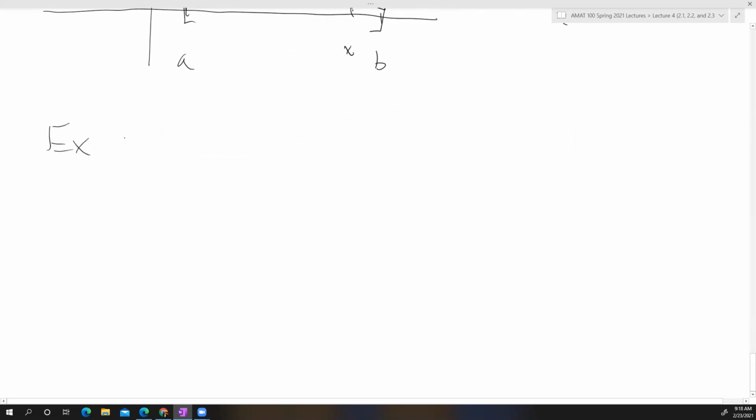This is a pretty simple example. We might have even done it before. So let's just look at the function f of x. So f goes from real numbers to the real numbers, and the rule is given by squaring. And so we want to plot the graph of f of x.